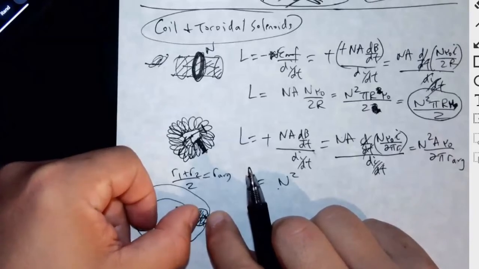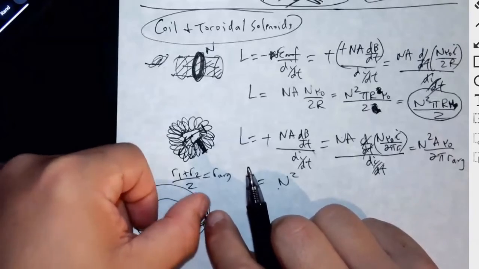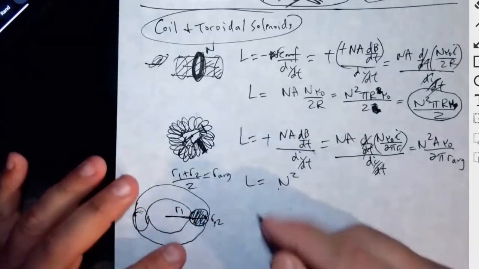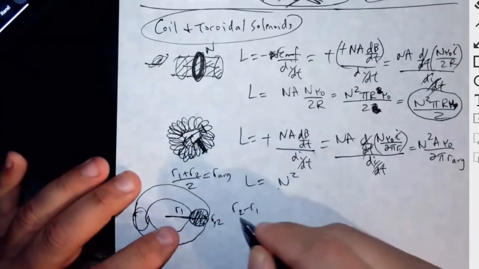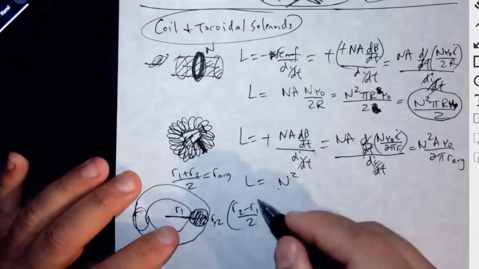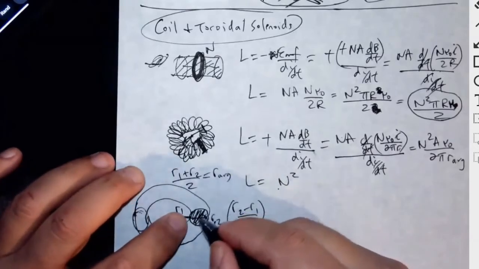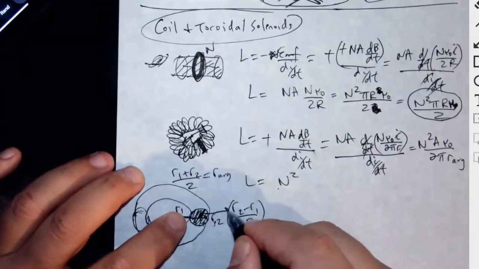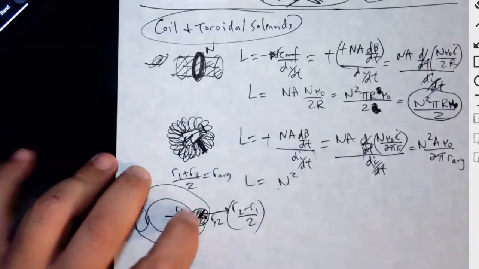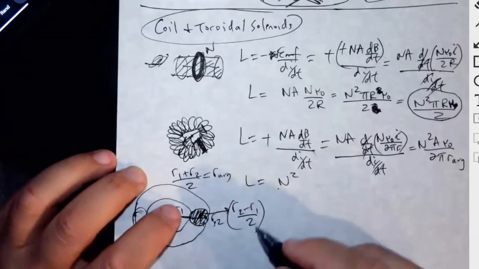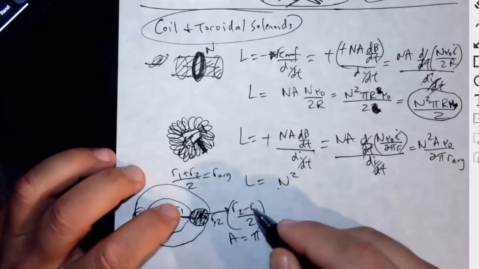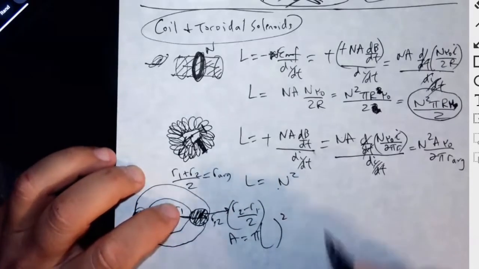That'll give me the radius of this guy. And then I can do pi r squared. So R2 minus R1 over 2 is the radius of this guy. So then the area is pi times this guy squared.